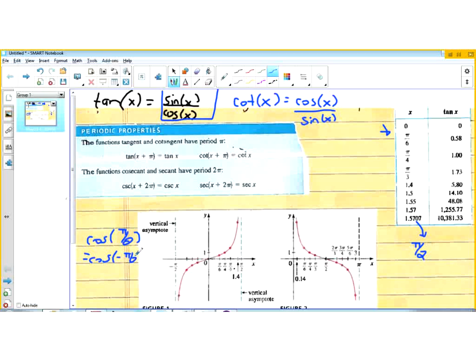So if the cosine of pi halves is 0, then the cosine of negative pi halves is 0. And so these would constitute vertical asymptotes for the tangent function as shown in this figure right here.